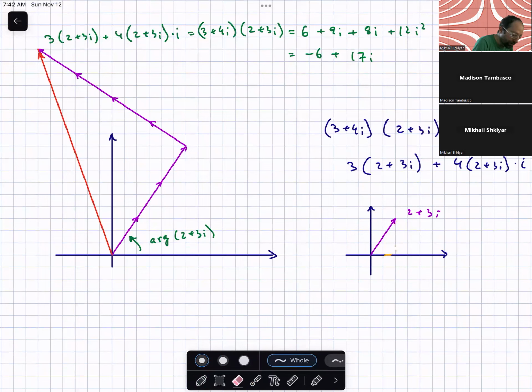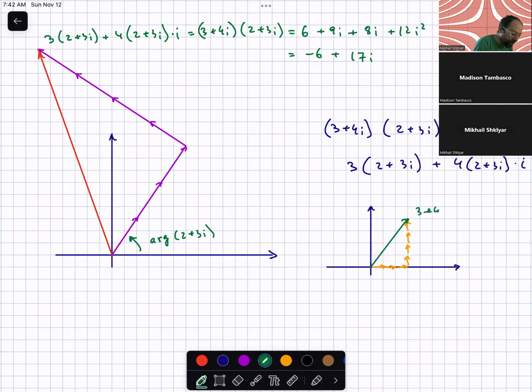I meant to draw the other one here. I meant to do something like this. I meant to draw 3 plus 4i. Now we're good. Now we're cooking with oil.